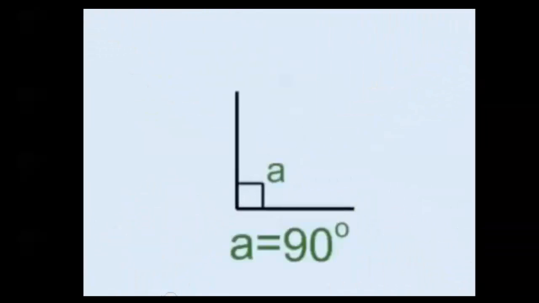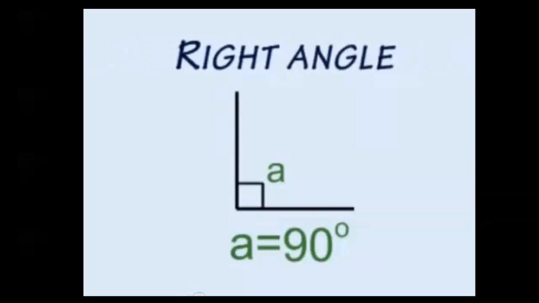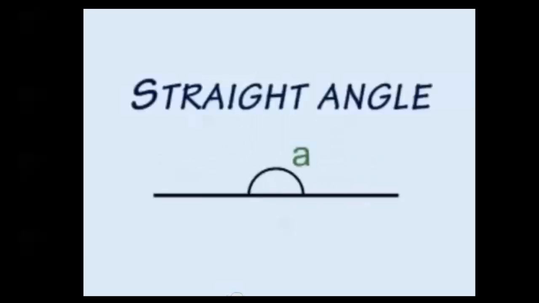And if you measure 90 degrees, then I know you are a right angle, 'cause you stand perpendicular. I got your number. If you were straight, it's 180 degrees that you make.